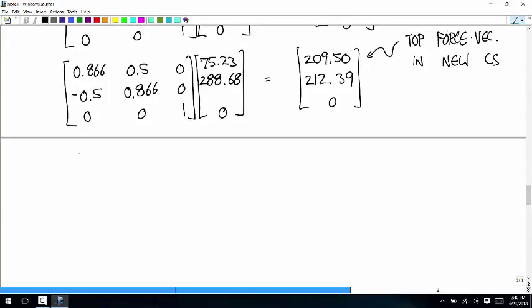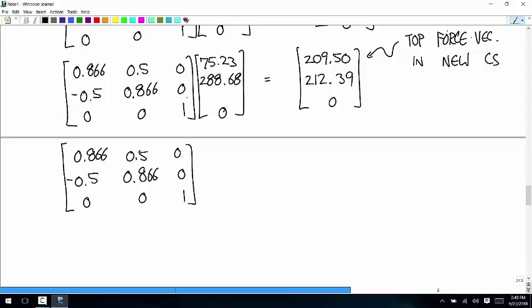And then the distributed load, we already did this one. So that distributed load is 0, negative 220, 0, negative 245.25, 0.